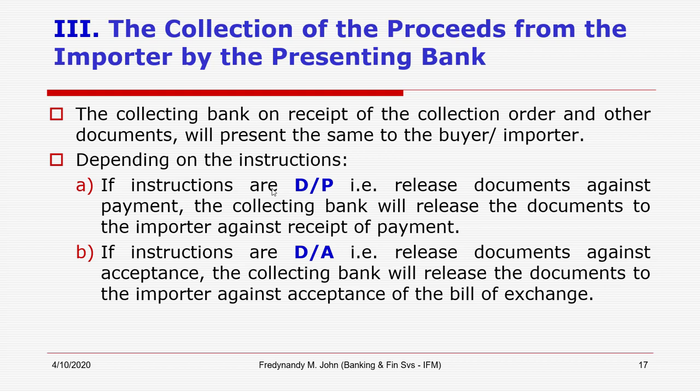On the other hand, document against acceptance requires the banker to release documents the moment the buyer has accepted the bill of exchange.